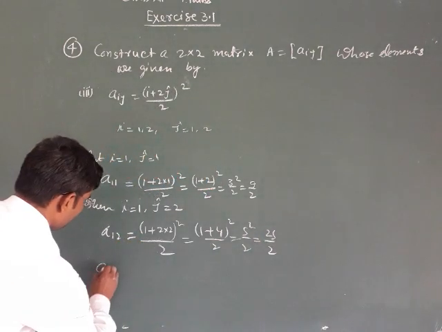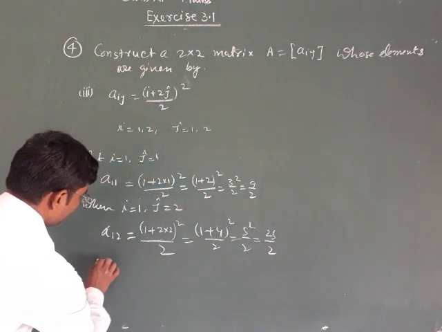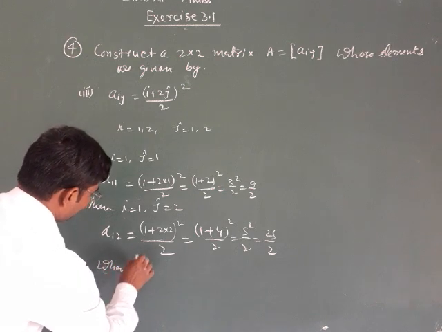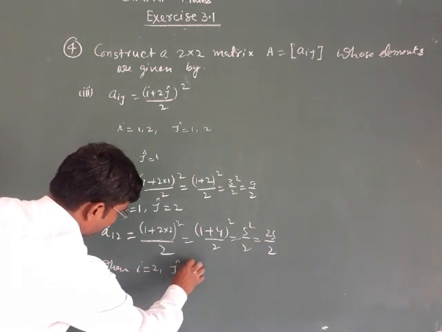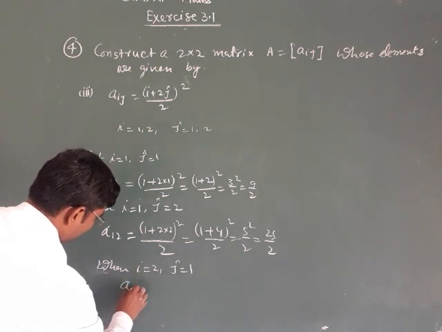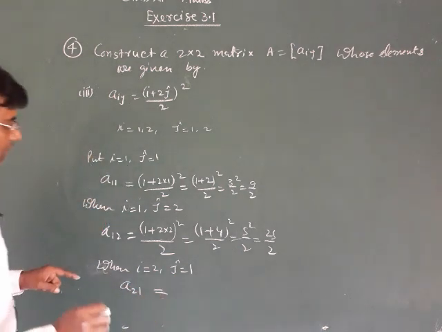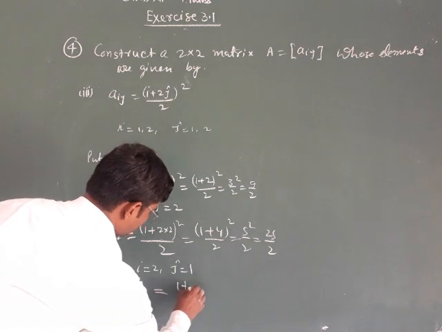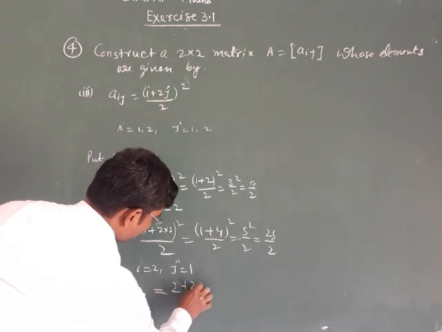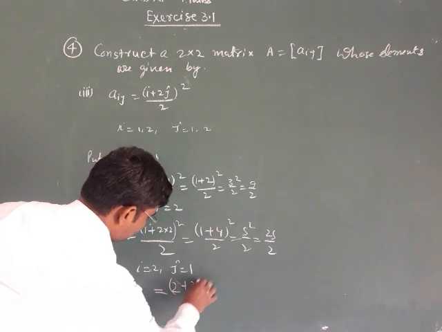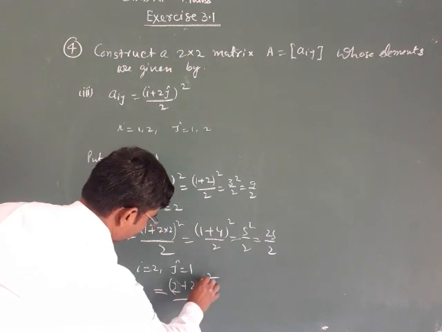And also a21 when i is 2 and j is 1. So a21 is equal to (2 plus 2 into 1) whole square upon 2.